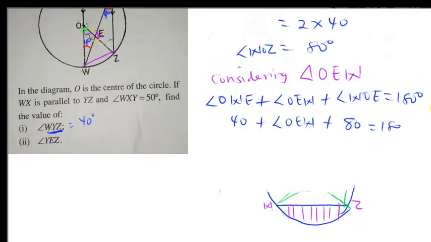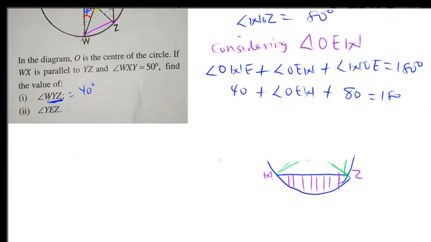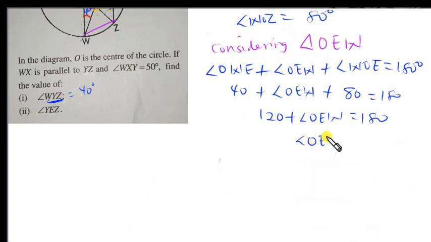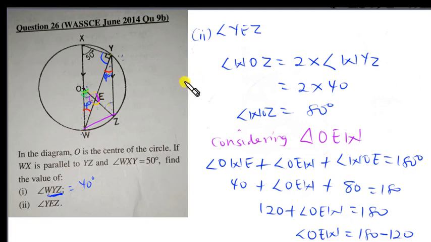Okay, let's simplify this. 80 plus 40 is 120, and we have 180. So angle OEW is 180 minus 120. So angle OEW is 60 degrees.